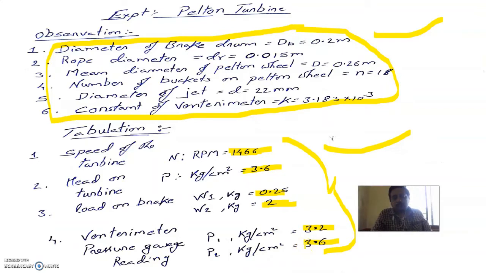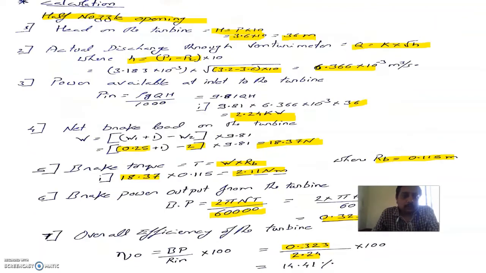So these were the readings observed while conducting the trials on that turbine. Next we are going for calculation, and I want to say that these trials were taken with the nozzle half open. It was not fully open, it was half open.